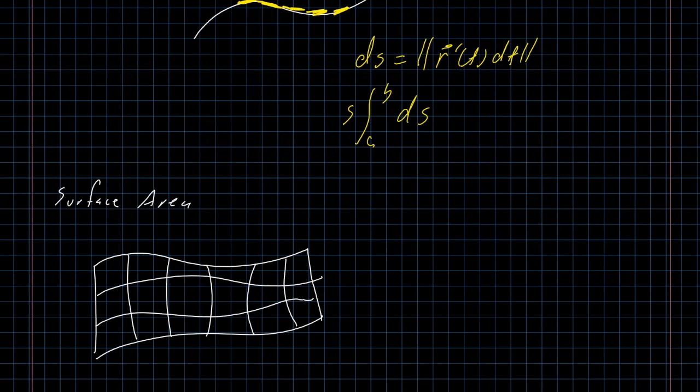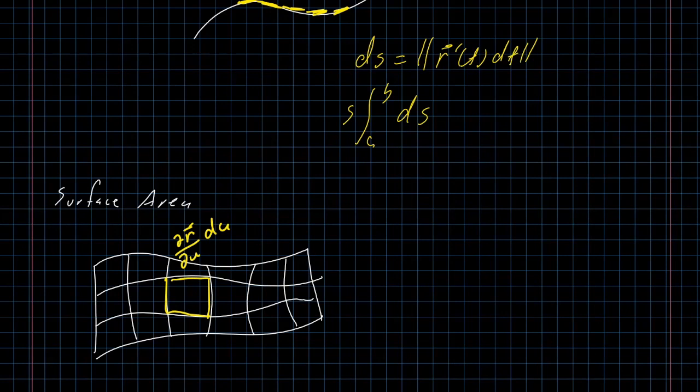If we're looking at one piece, and I'm going to pretend that this is an infinitesimally small piece, although I'm drawing it quite a bit bigger, I can figure out that the length on one side of this thing is going to be partial r partial u du.